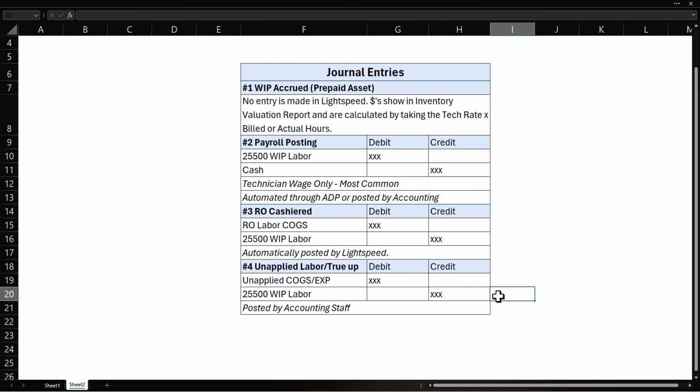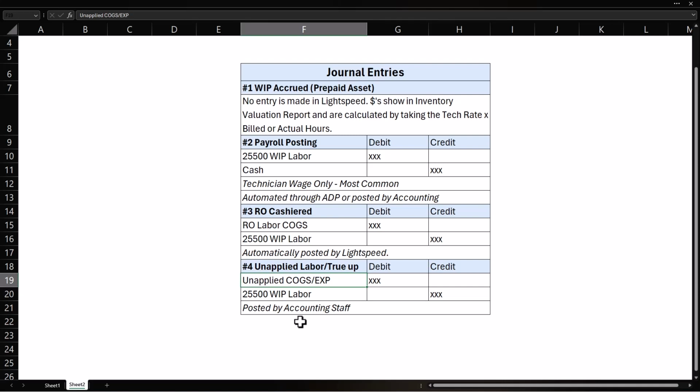But if it's getting to be more and more money, make sure you reach out to us, because there's probably a mapping problem, whether that's from payroll, from your tech rates, or maybe we're posting entries backwards. This entry should be relatively small, and it should typically be in this direction, where we credit the WIP labor account and post it to unapplied cost of goods sold or expense. And what is this true up, or what is unapplied labor?